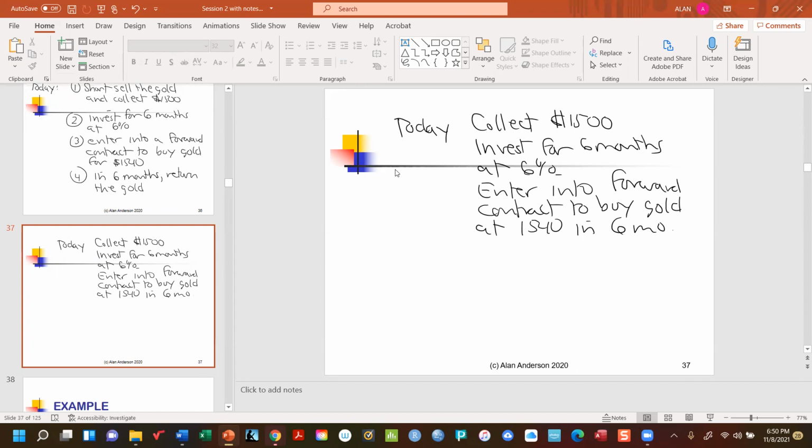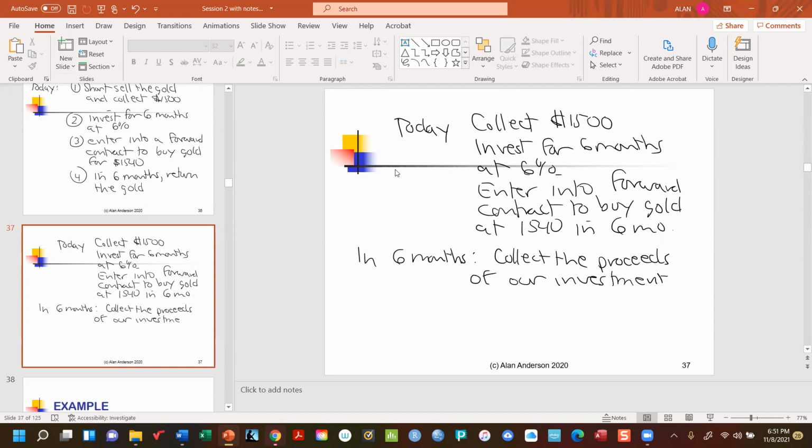All right, so what's happening here is that we don't actually take any money out of our own pocket. So what has to happen in 6 months, what we will do is collect the proceeds of our investment, and by that I mean 1,500.